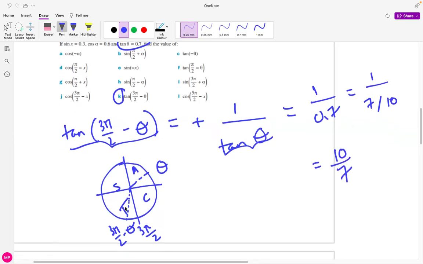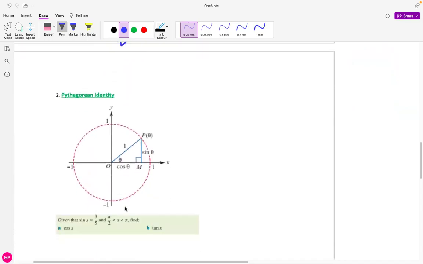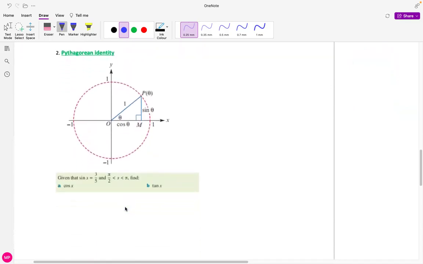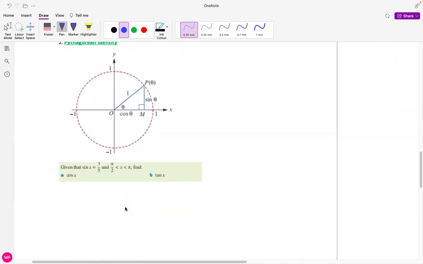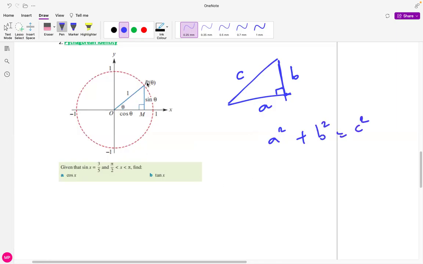All right. Now, about Pythagorean identity. If you recall the Pythagoras theorem, if you have a triangle like this, let's call this A, this B, this C. Pythagoras says A squared plus B squared equals C squared. So on the unit circle, I have a triangle here. This is cos theta.